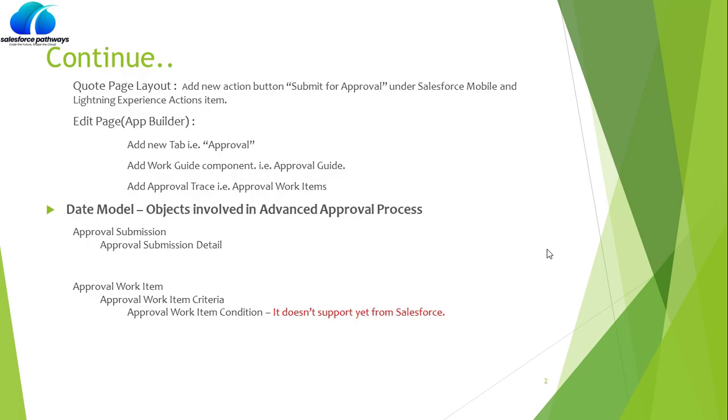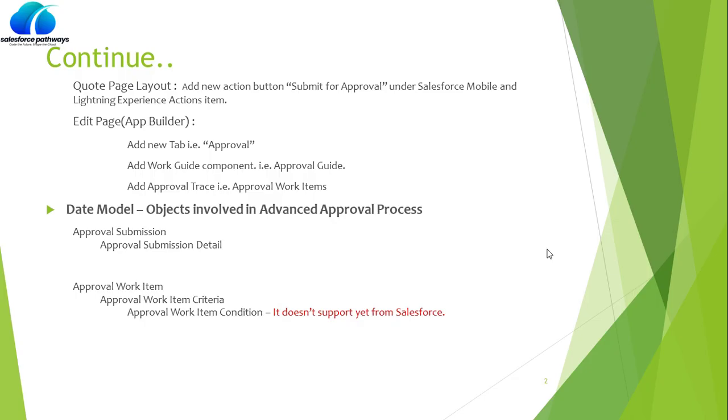Now the next two points: you have to create one custom link button that calls submit for approval, and lastly you have to edit the app builder page.